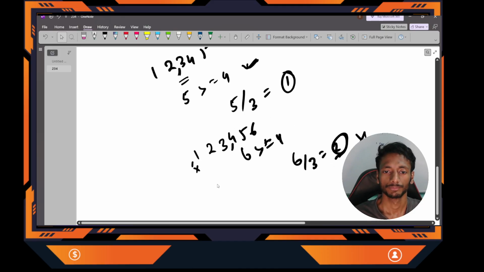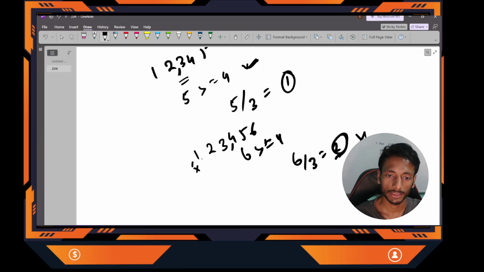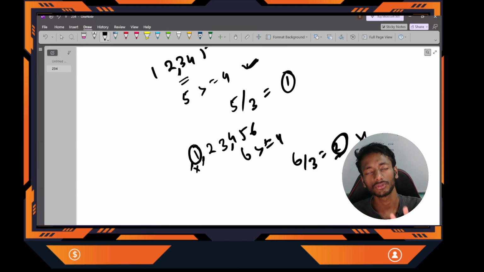That means I need at least one digit at the beginning, on the left-hand side. So I cannot place a comma there. I will subtract one digit, because at minimum I should have at least one digit before the first comma, from left to right.